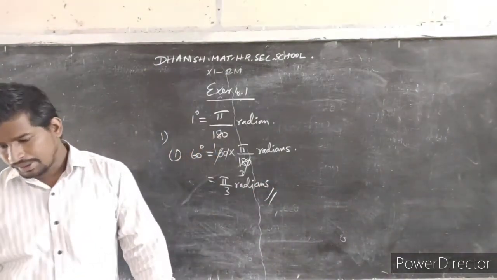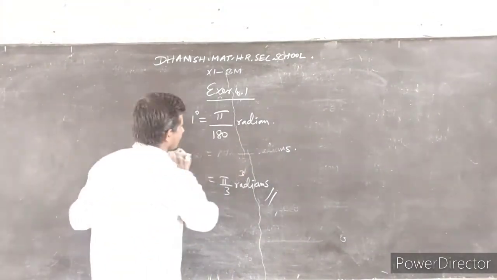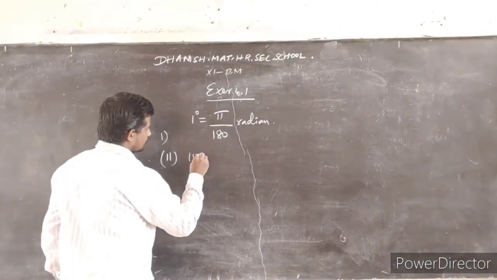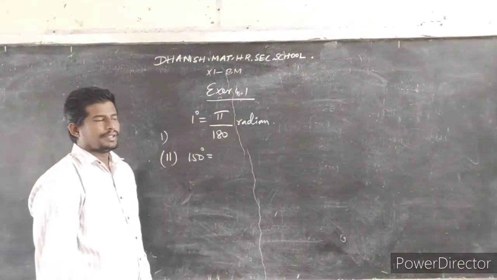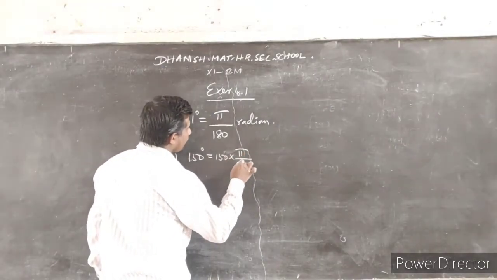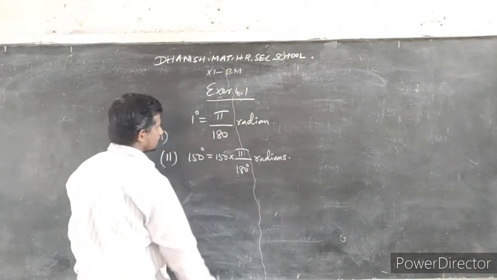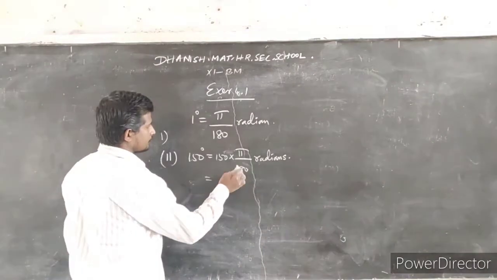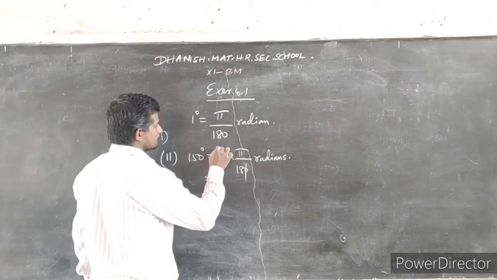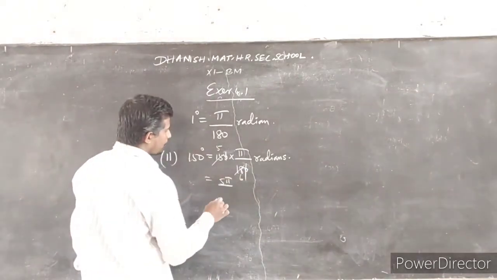Pi by 3 radians. Then second one, 150 degree equals 150 into pi by 180 radians. The zero will cancel. So 5 pi by 6.